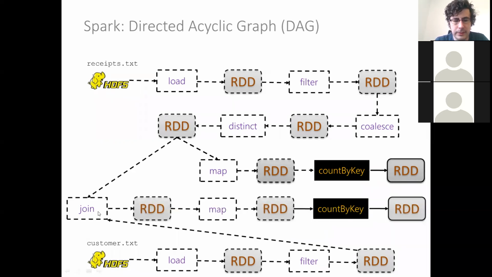And then we can continue after that. We can, for example, apply a map and a count. So this allows us effectively to make sure that our analysis here is for general customers and our analysis here is for a particular demographic that we've selected. So we see that we can represent jobs or analyses or processes in Spark as a directed acyclic graph.